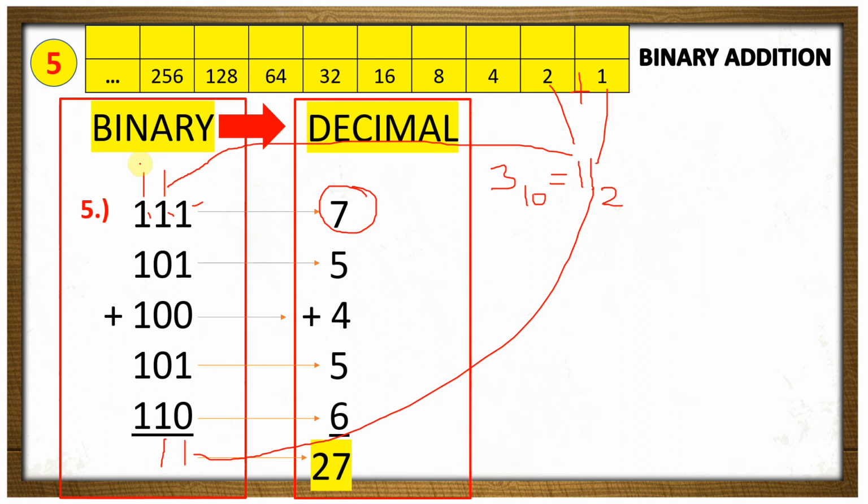Next, this one, 1 plus 1, 2, 3, 4, 5, 6. So how are you going to write this one in binary? So 6 in decimal, in binary, which digits do you turn on? You turn on the 4 and 2.